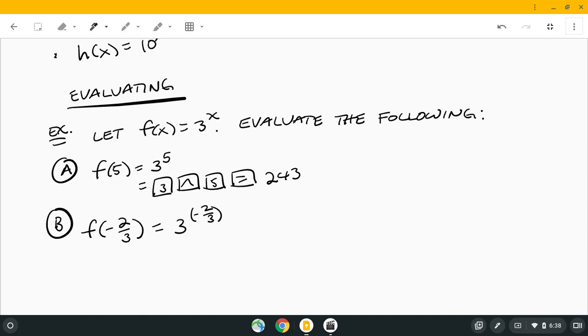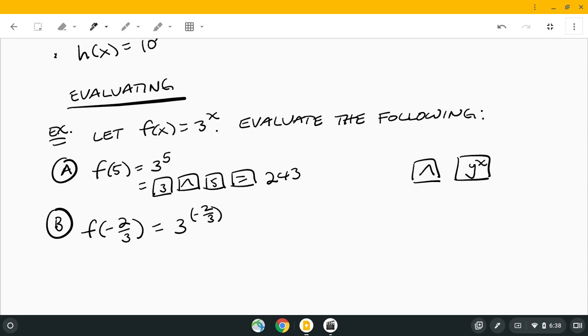If you don't have a calculator with you, use your phone. Turn it sideways. If you go to your calculator function and turn it sideways, then you have a scientific calculator. Depending on what kind of phone you have, you will see this button for the exponent, or this button for the exponent.